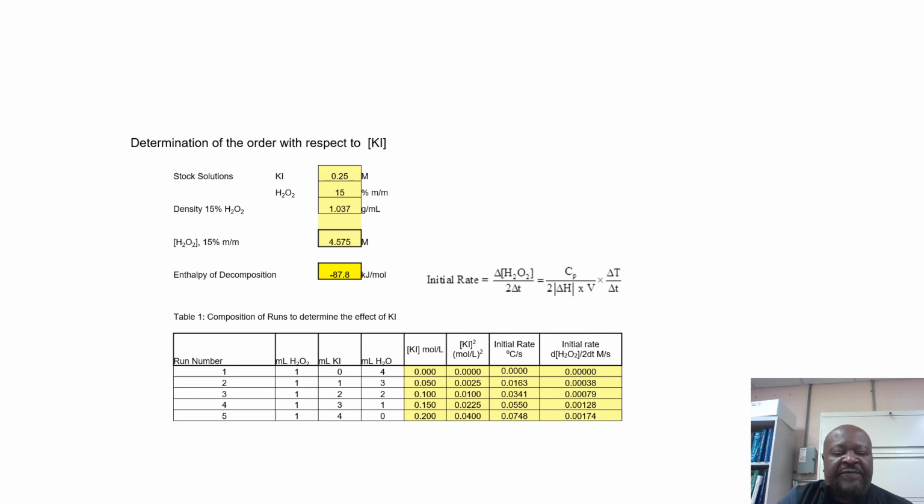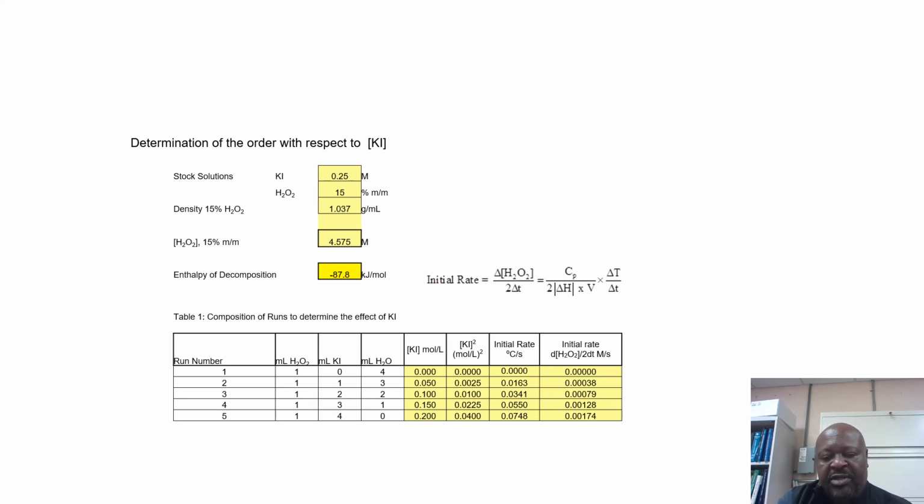From the fact that this is 15%, you can actually determine the concentration of the hydrogen peroxide as a 15% solution, and you should find that to be, in this case, 4.575 molar. All right, and for the enthalpy of decomposition, you should find a number close to minus 90 kilojoules per mole. In one of my runs, I found minus 87.8 kilojoules per mole.